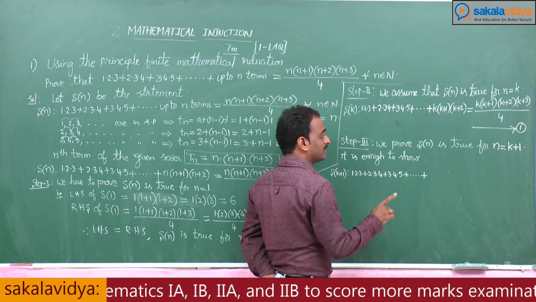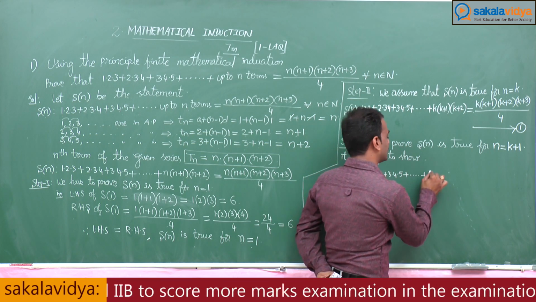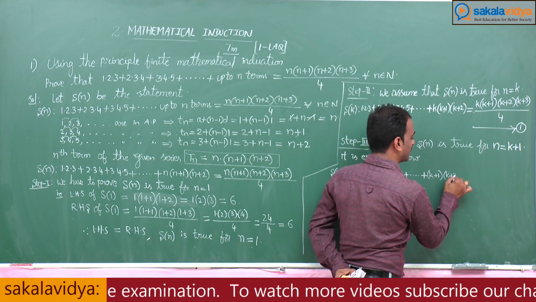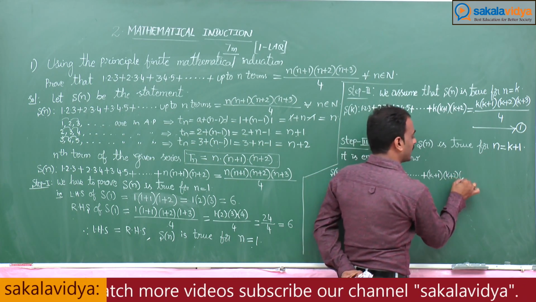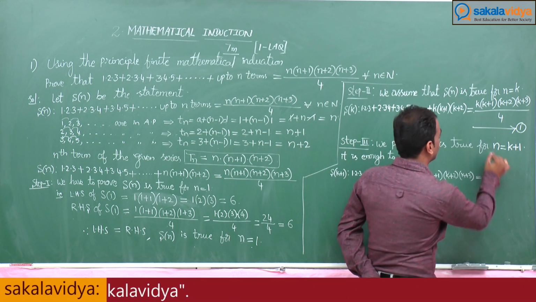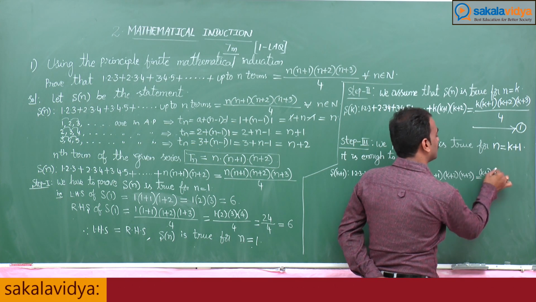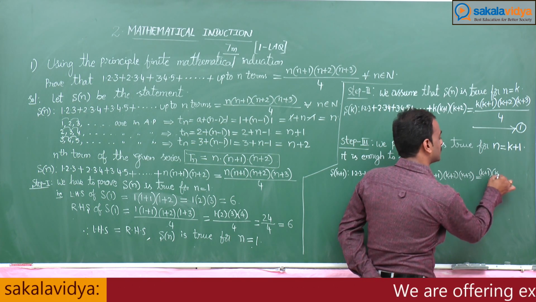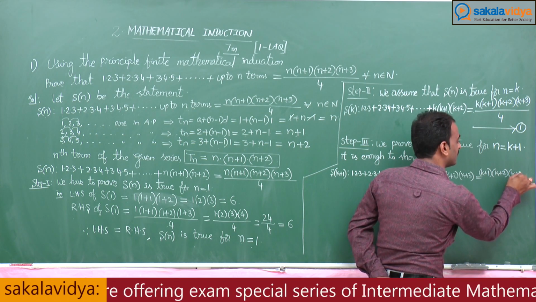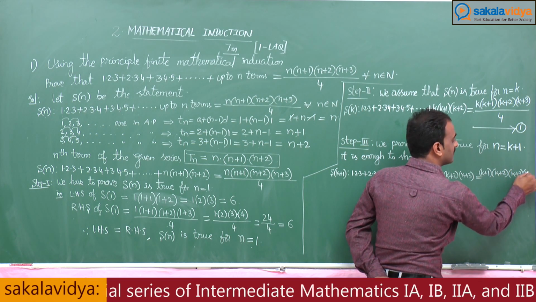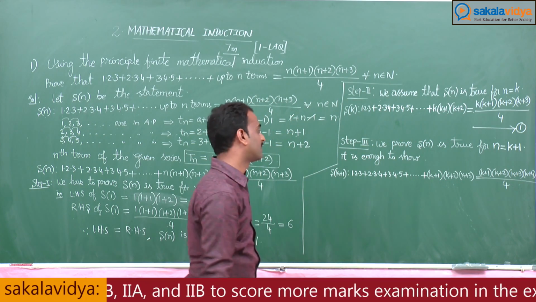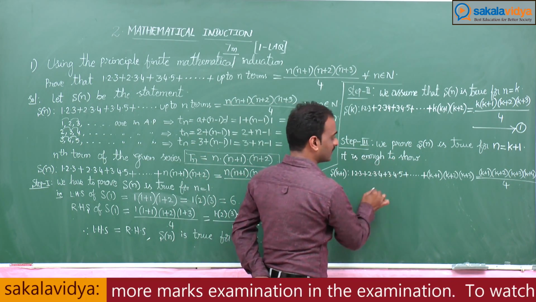Once again, substituting n is equal to k plus 1 on both sides: k plus 1 into k plus 2 into k plus 3 is equal to k plus 1 into k plus 2 into k plus 3 into k plus 4 by 4. This is the value we need to get.